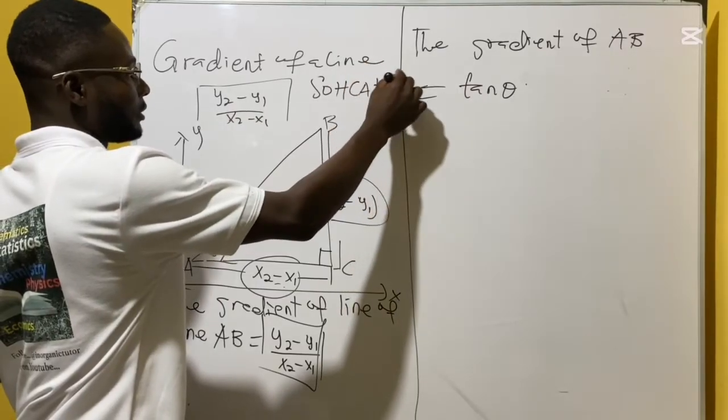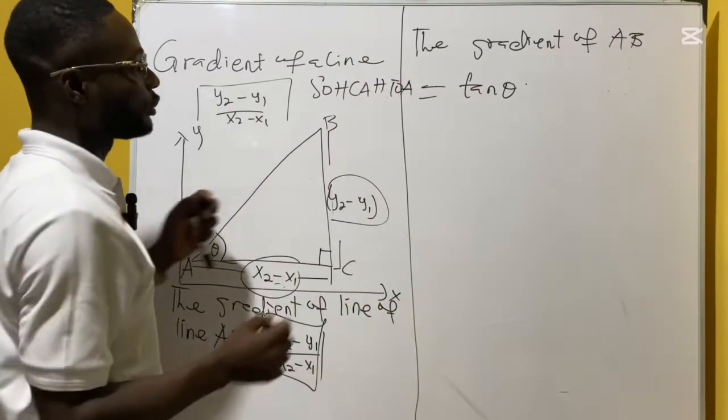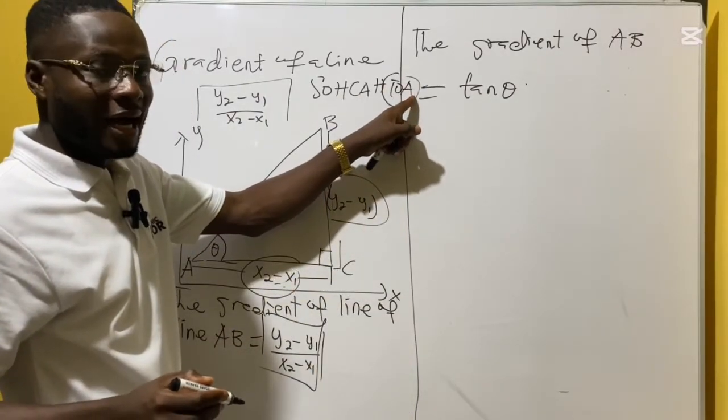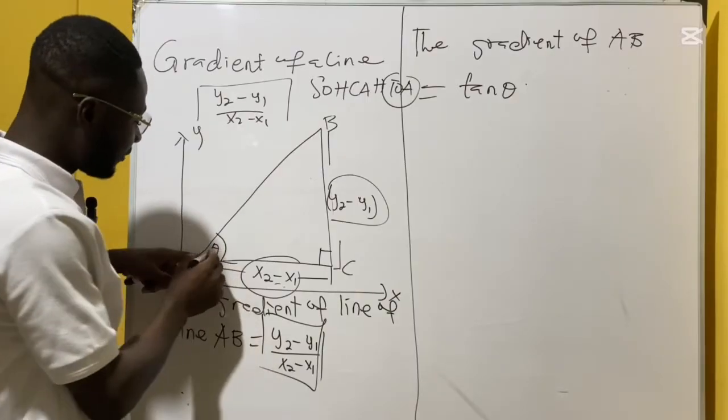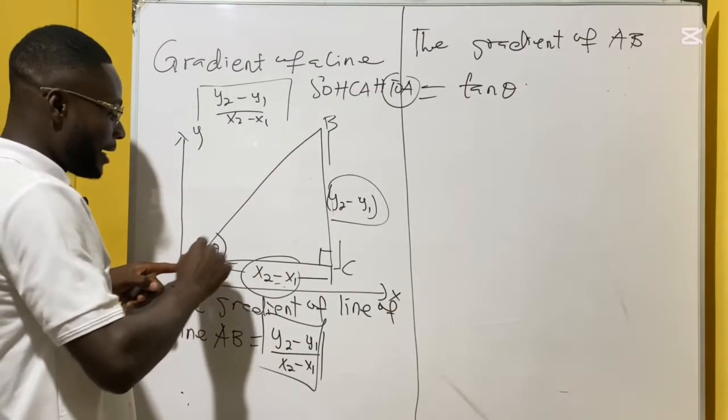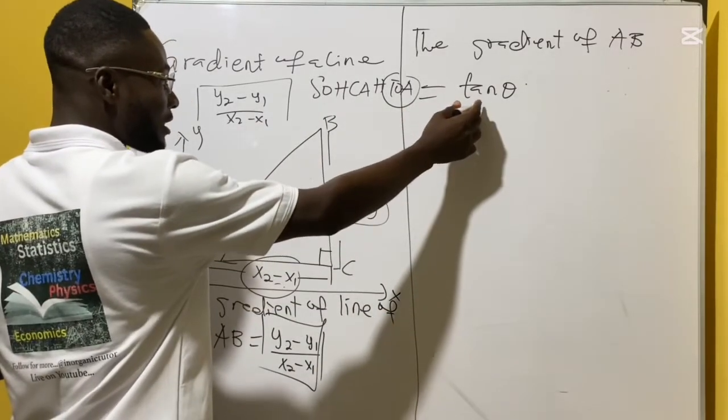So we know that tan is opposite over adjacent, and we have it here. So we know that line AB will basically be tan theta.